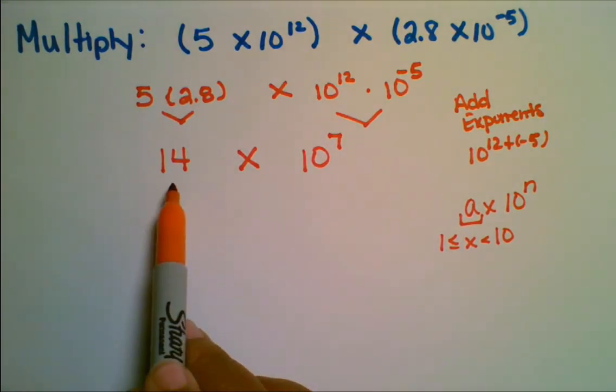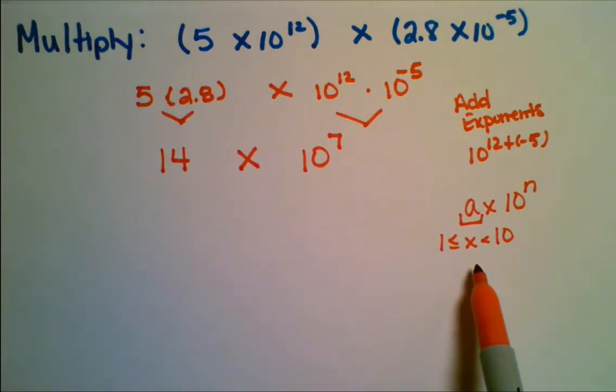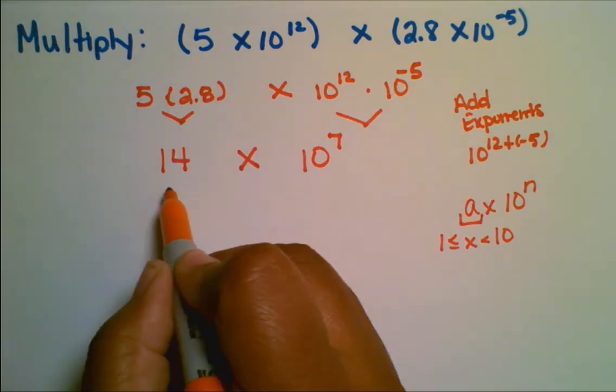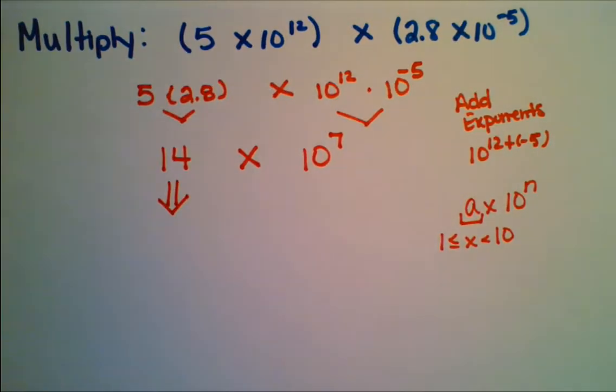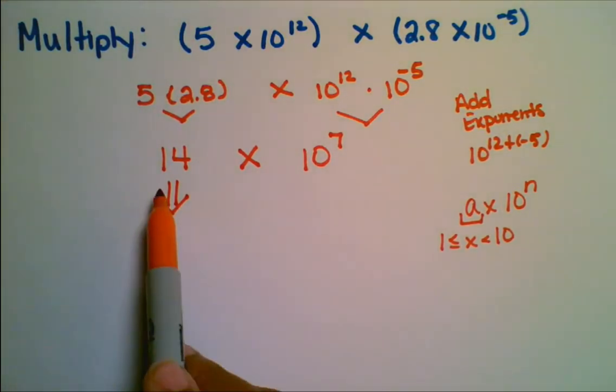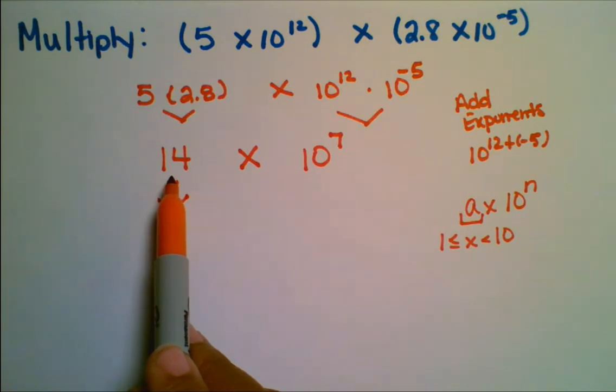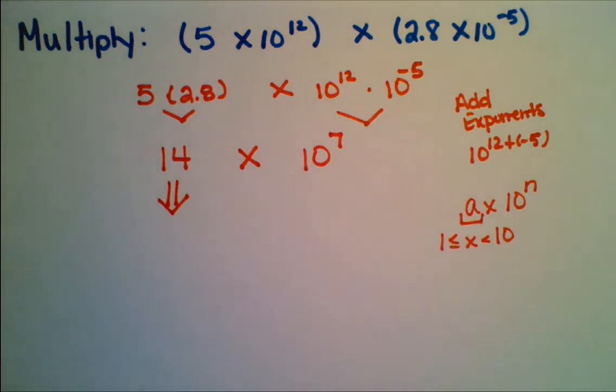And right now, 14 is not between 1 and 10. So we're going to take this 14 and convert it into scientific form, meaning I want this 14 to be a decimal number that's between 1 and 10.